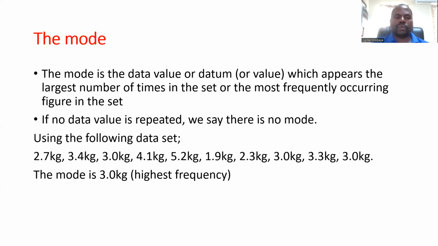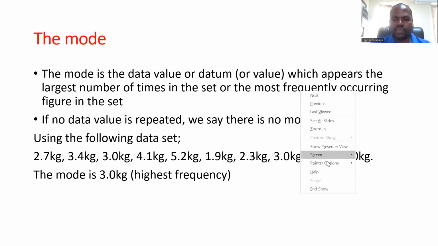So if you have a number of observations, then you see which one is most frequently appearing. Let's look at this data set, the one we looked at: 2.7 kg, 3.4, 3, 4.1. Which is the most appearing number in this set? If you look at this data, you find that 3 is appearing here, it's also appearing there, and it's appearing there.